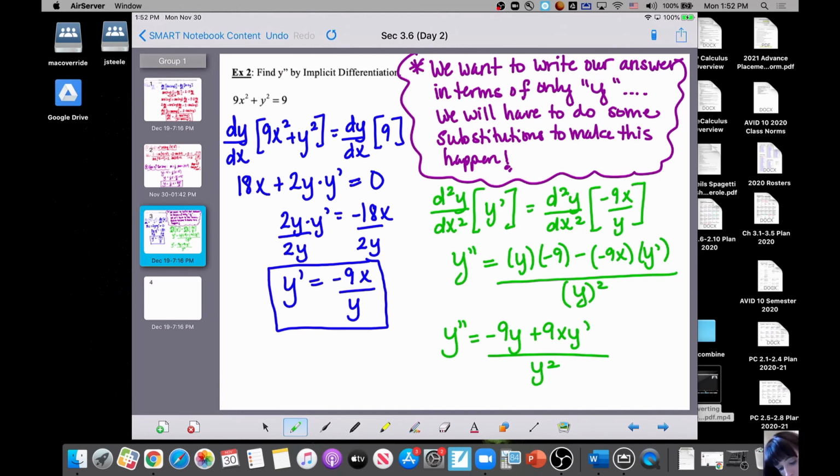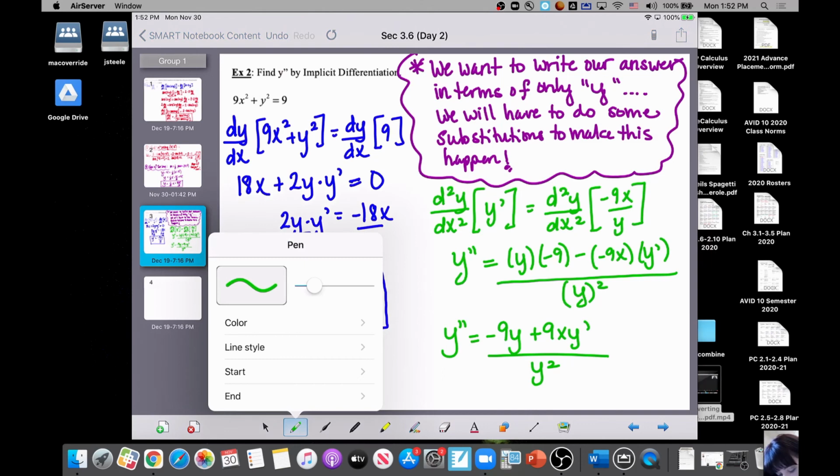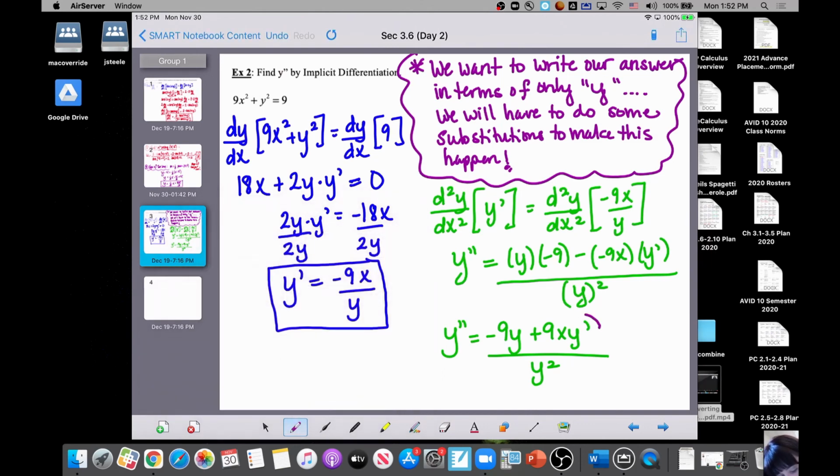Okay, so the first thing I noticed, remember, I want my answer to be in terms of only y. Right now I have a y prime in my answer, so I am going to right now do a substitution. Right here I am going to put what y prime is equal to in for y prime, which will then give me all x's and y's, and we'll see where we're at from there.